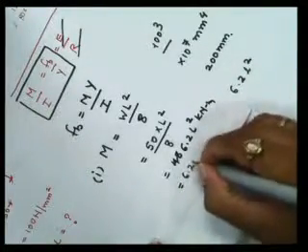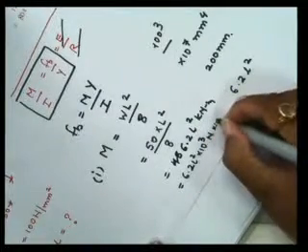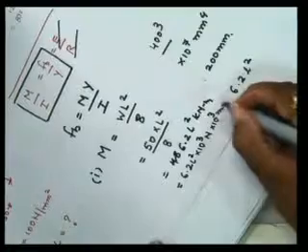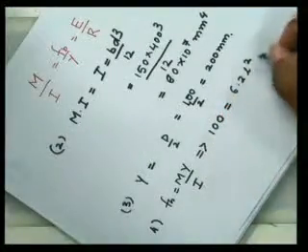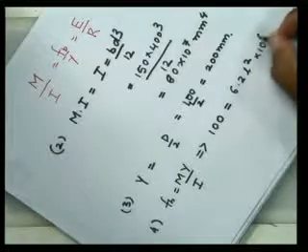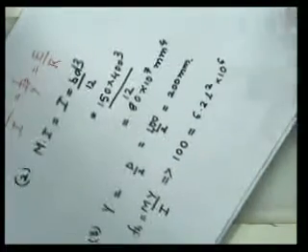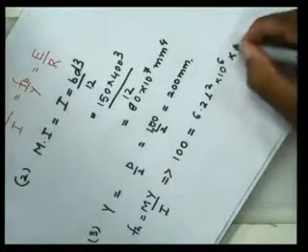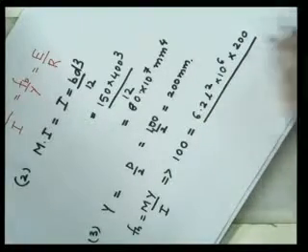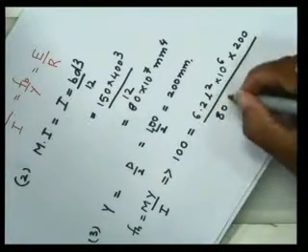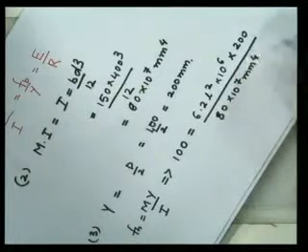So 6.2 L square into 10 to the power 3 newtons into 10 to the power 3 mm, we get 6.2 L square into 10 to the power 6 Newton mm. Then the value of Y is 200, and the value of I we calculated as 80 into 10 to the power 7 mm to the power 4.